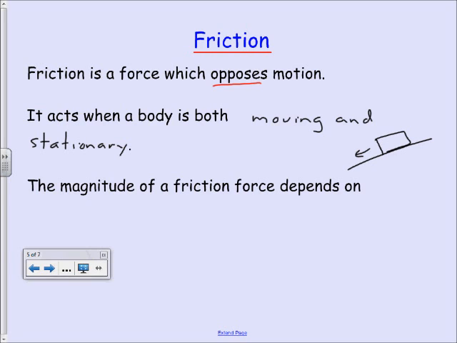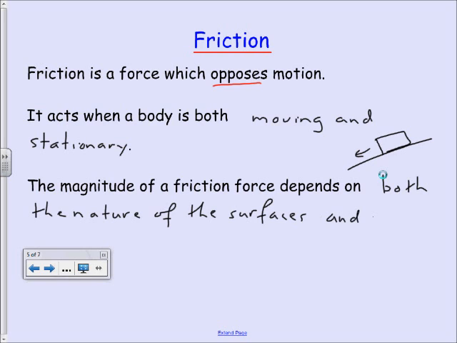both the nature of the surfaces, how rough or smooth either of the two surfaces that are in contact would be, and on the surface area in contact.